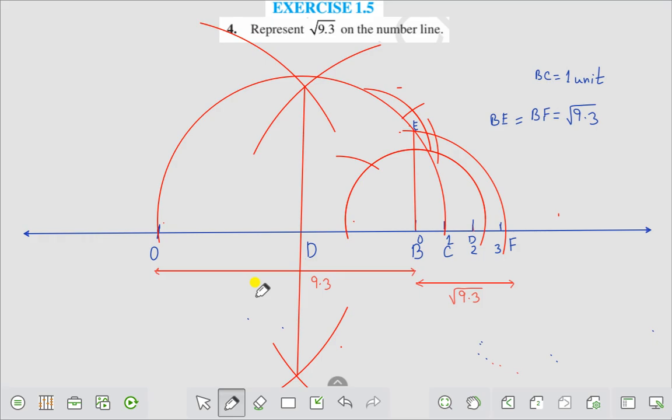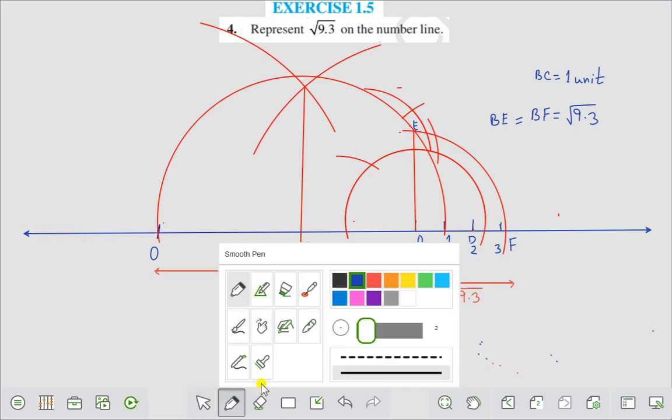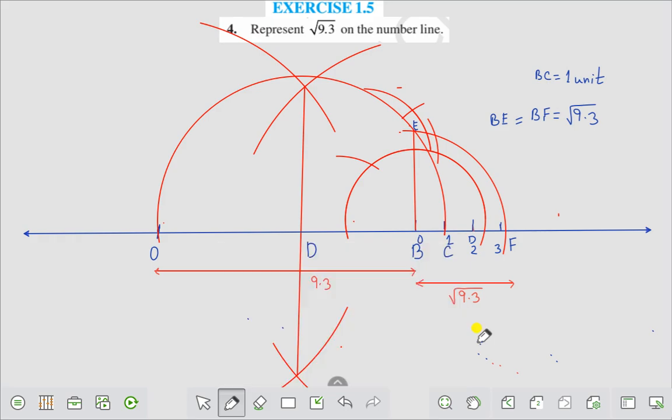For that we have to make a line. Let us draw a line here.